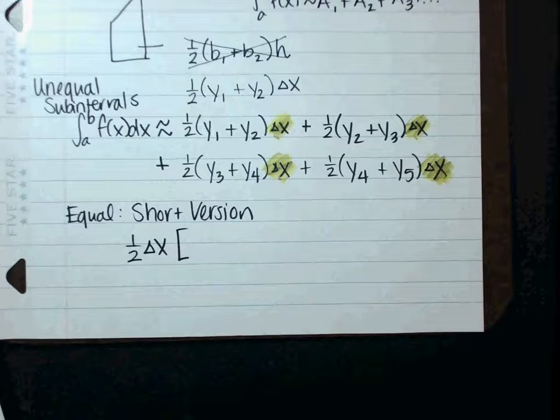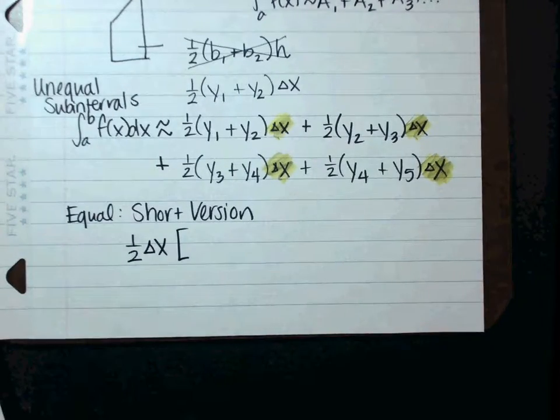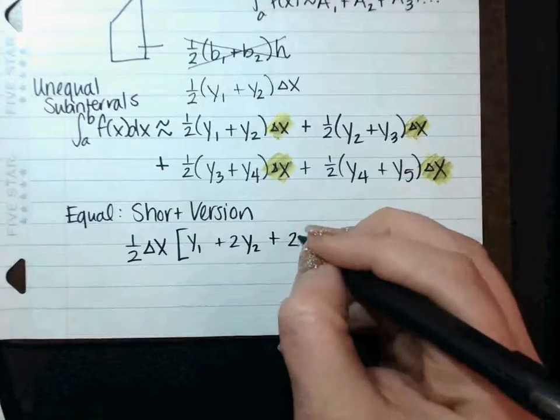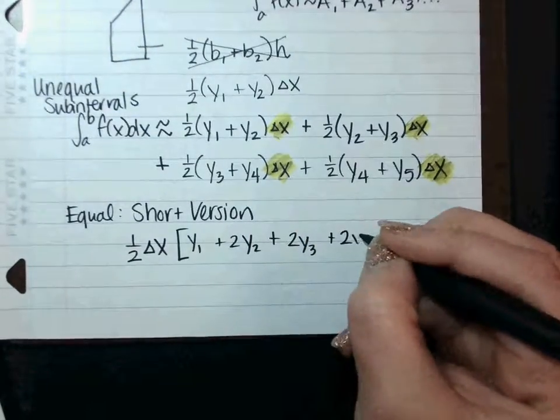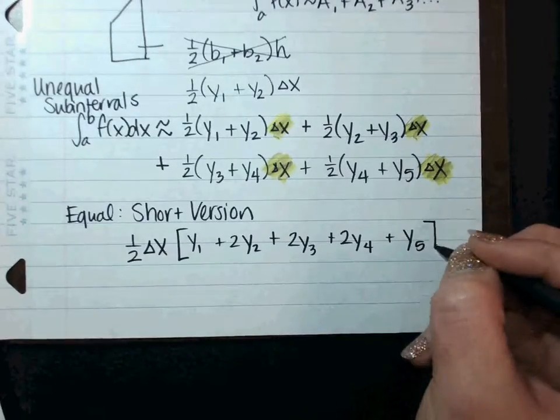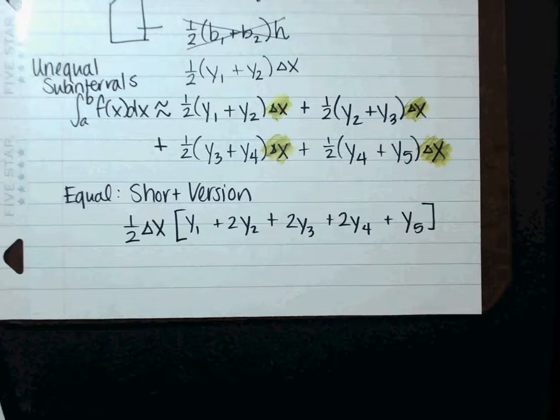So to shorten that, we're going to do y1 plus double y2, and then double y3, and then double y4, and then only one y5. So your first and your last base only get counted once. But all of the middle numbers get to be a base 1 and then they get to be a base 2. So they all get counted twice. Make sense?